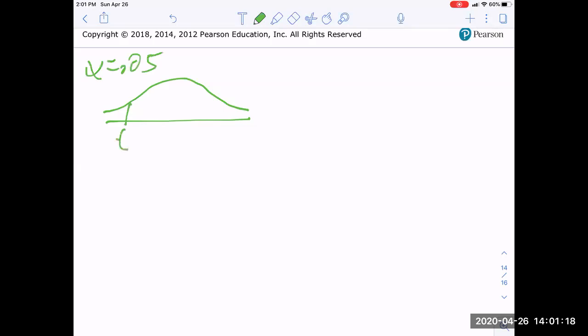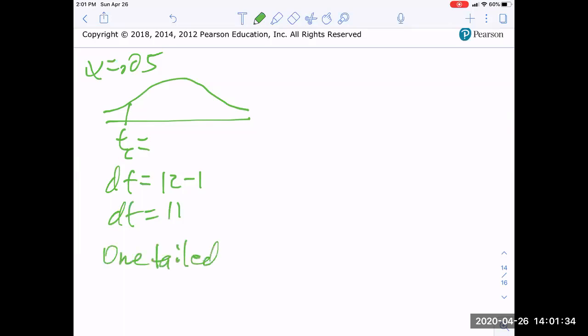I need my critical T value. So my degrees of freedom is 12 minus 1 equals 11. And notice this is a one-tail test. And it's the left tail because my H1 is mu is less than 7.